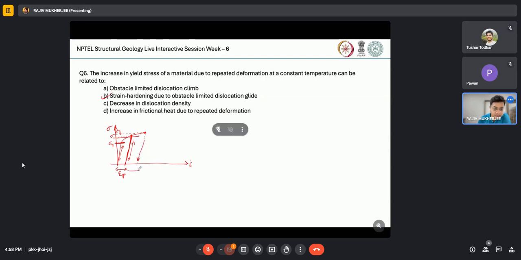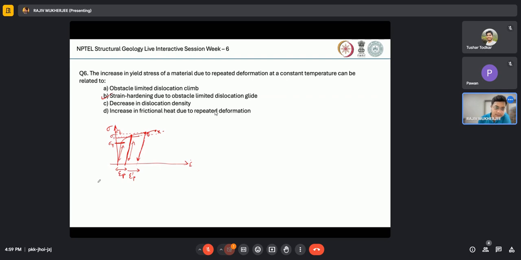This much amount of plastic strain will again be induced into the material, and then if you again load it, it will follow the same path and then again go like this, and eventually at some point the material will break. But every time you repeat this cycle, you need an extra amount of stress to reach the yield point. That means the yield is increasing.